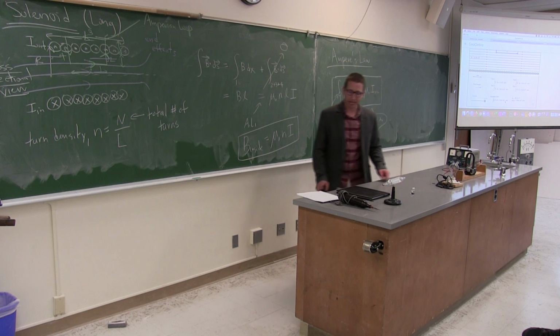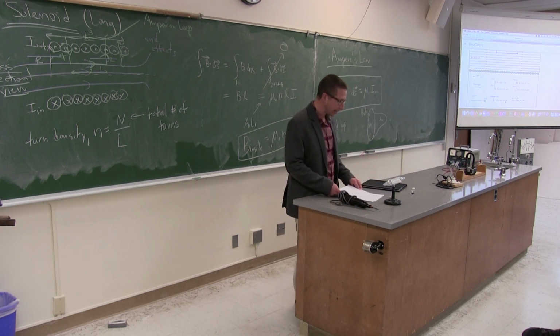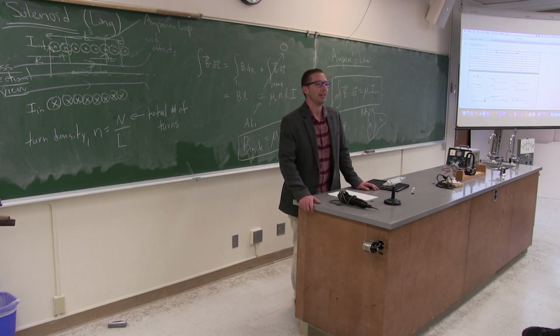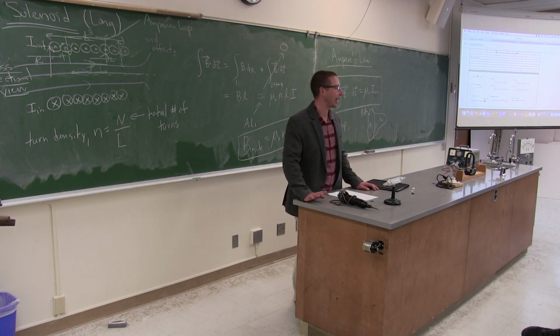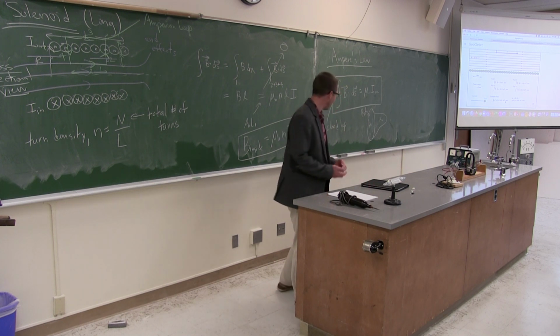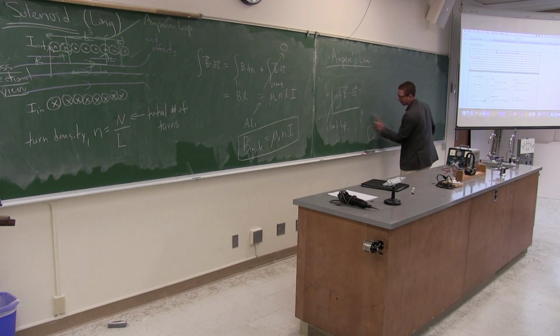All right, the final thing to discuss in this chapter is something we've already seen. We've looked a lot at how to calculate magnetic fields. But what are the effects of magnetic fields? Well, they cause forces. They exert forces on moving charges, and this is the Lorentz Force Law.